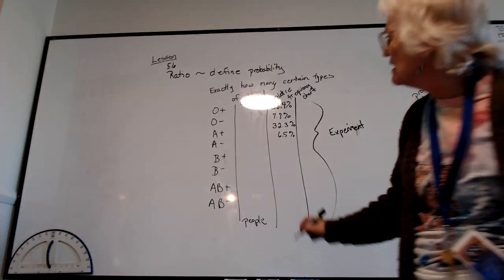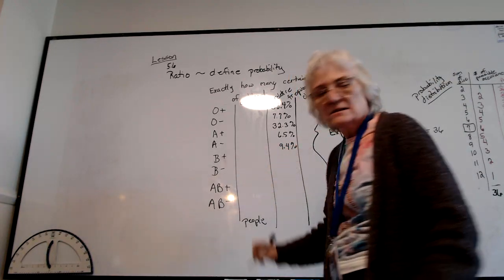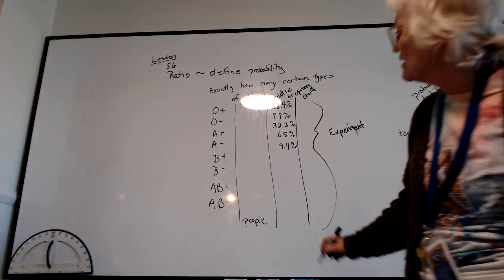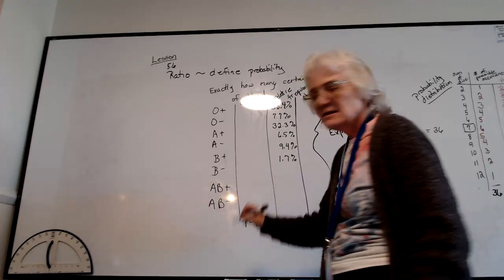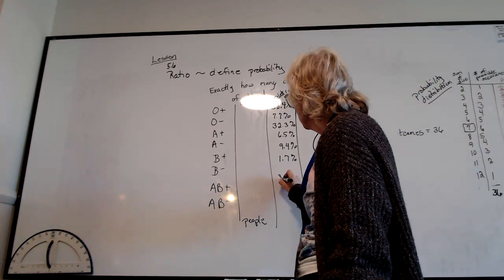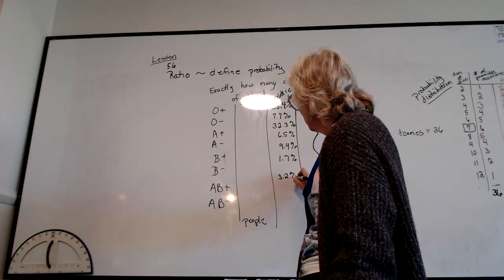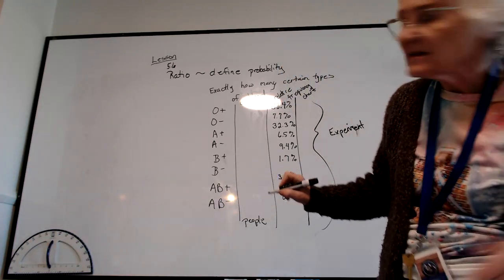B positive is 9.4%. B negative is 1.7% of people. AB positive is 3.2% of people. And AB negative is 0.7%.